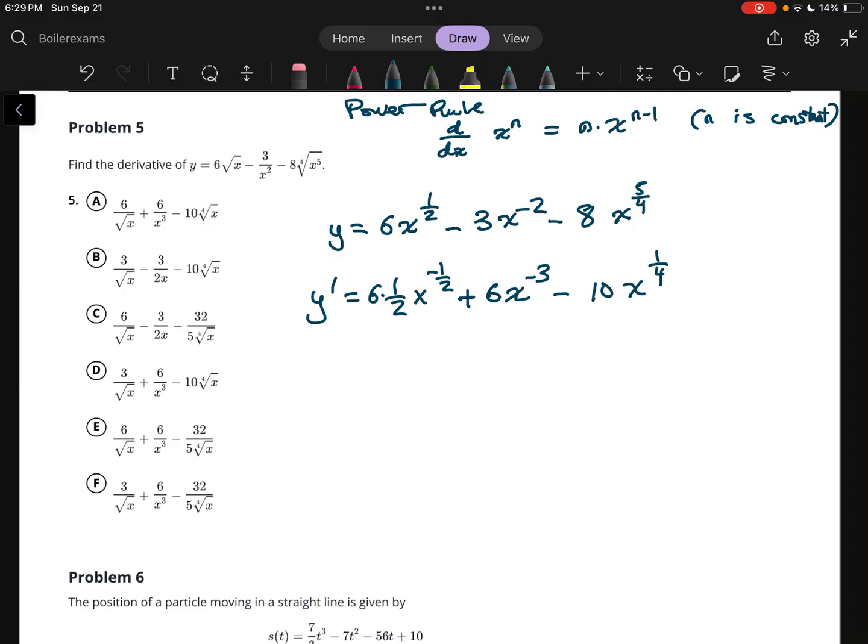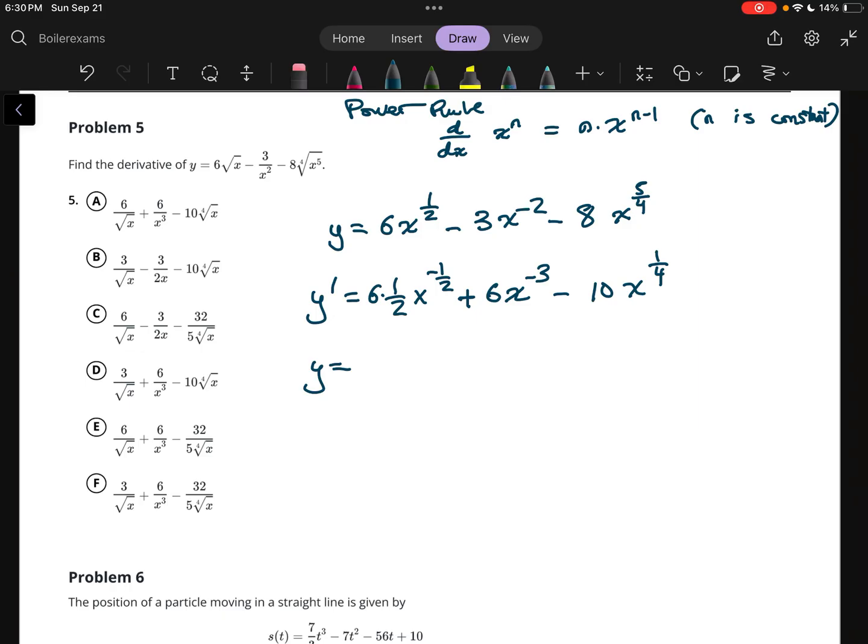Okay, and if we see our answer choices, none of them look like what we just got, so we have to use our exponent rules again to translate everything back.